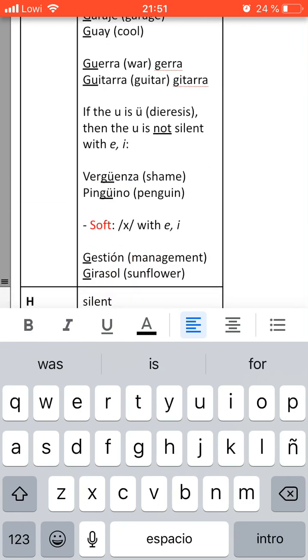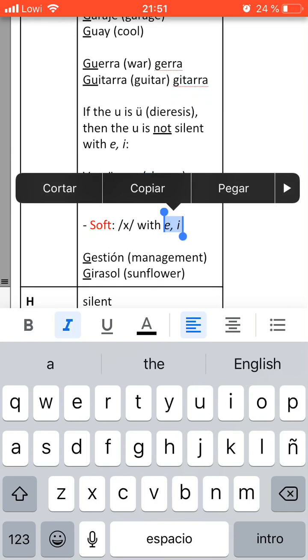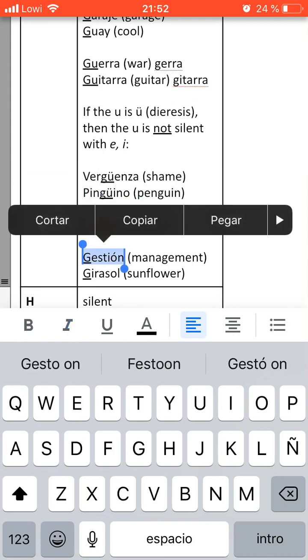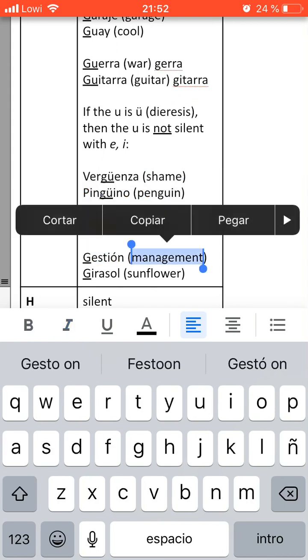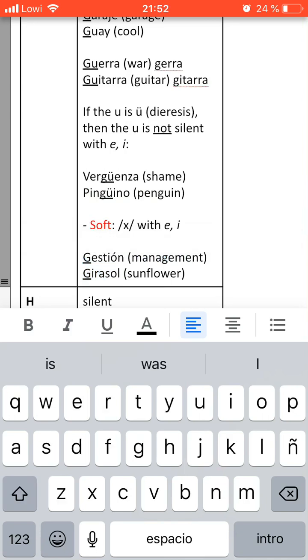And now we have the second sound of the letter G, which is the soft, and it's characterized by this phoneme H, which is the aspiration phoneme, and it goes along with E and I, okay, without the silent U or anything. Gestión, which means management, and girasol, which means sunflower. And we can see how the aspiration is done.